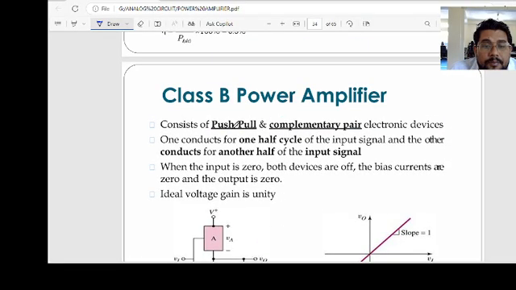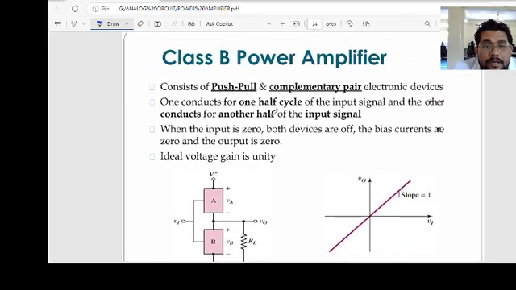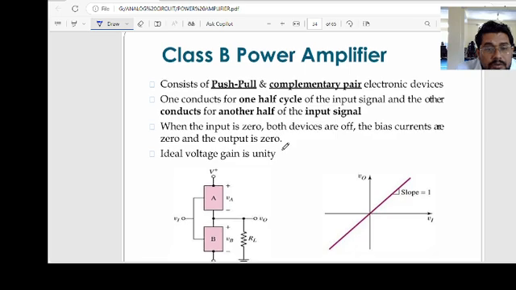It consists of a push-pull amplifier and complementary amplifier electronic devices. One conducts one half cycle and the other conducts the other half cycle for half inputs. When the input is 0, both devices are off, the bias and current are 0 and output is 0.